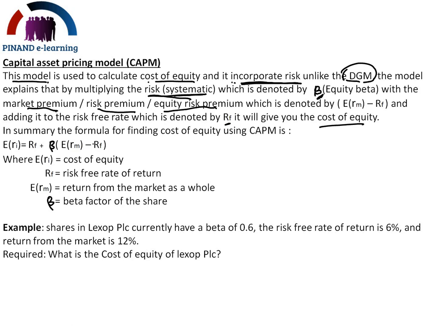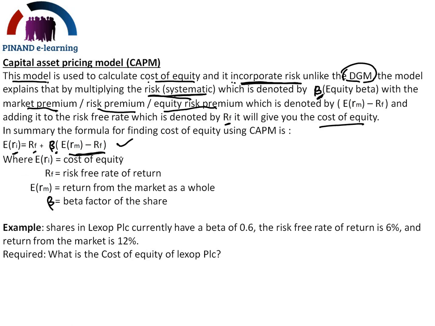In summary, the formula for cost of equity using CAPM is: E(Ri) equals Rf plus beta multiplied by what's in this bracket, the risk premium, and you get the cost of equity.